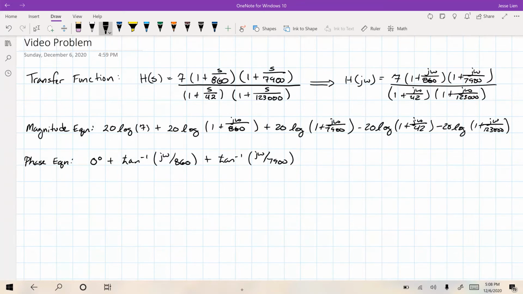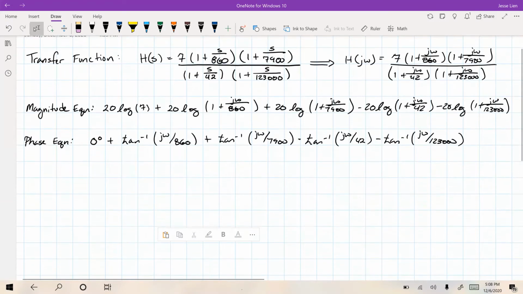And then you subtract the inverse tangent of j omega over 42. And then you subtract the inverse tangent of j omega over 123,000. And that is your phase equation complete.